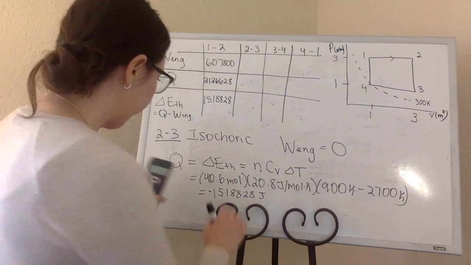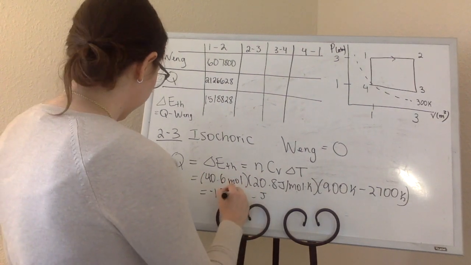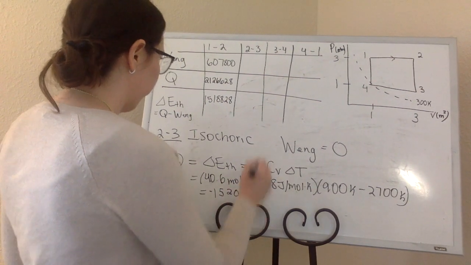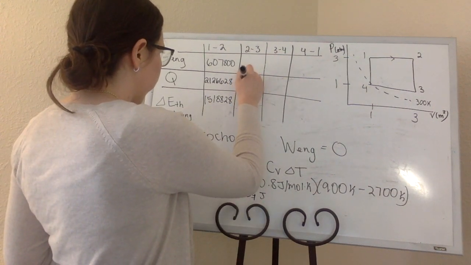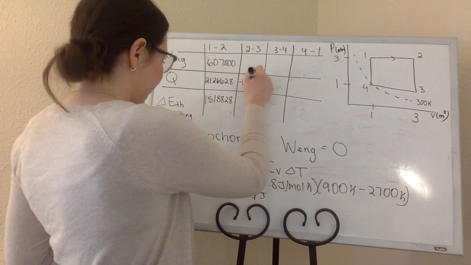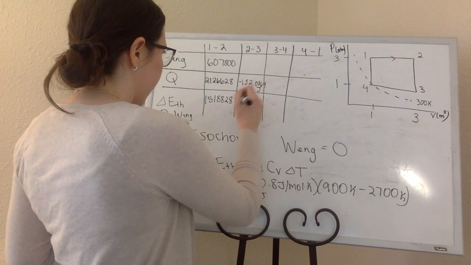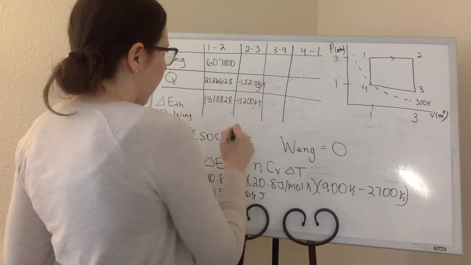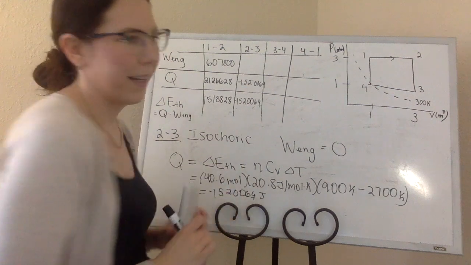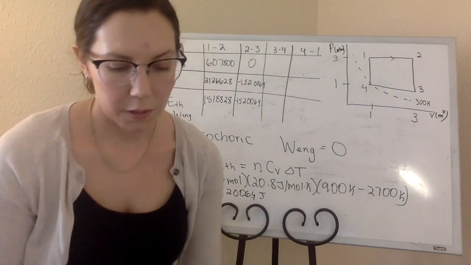I get negative 1,520,064. So we'll put that here. In both of these columns, negative 1,520,064 joules. Okay, they're all in joules, so I can erase that. Okay, so we've got those two numbers and 0 for 2 to 3.